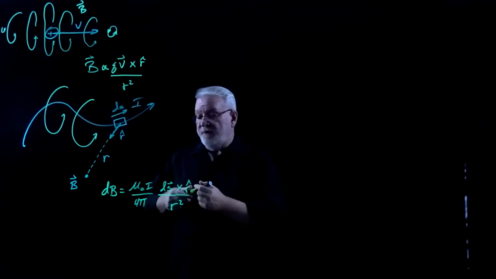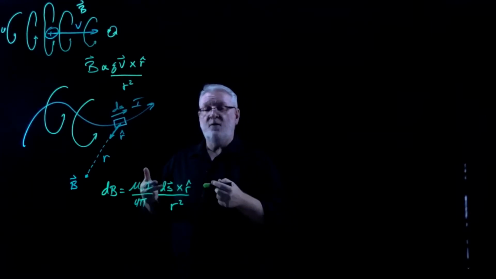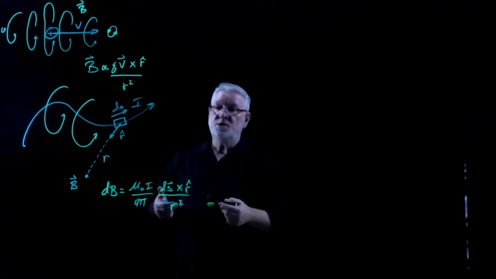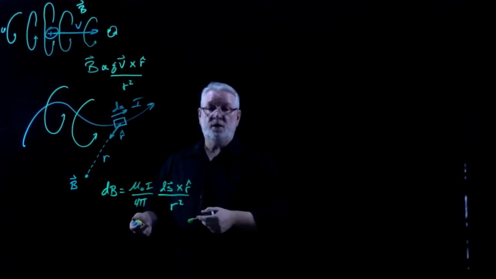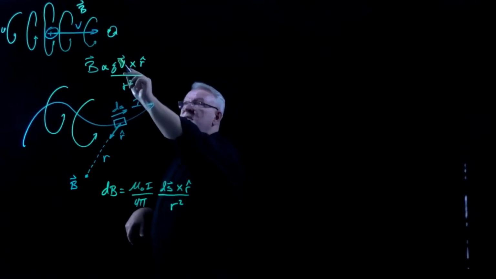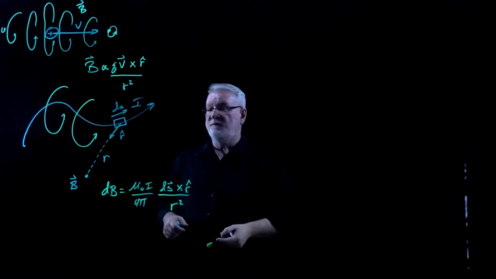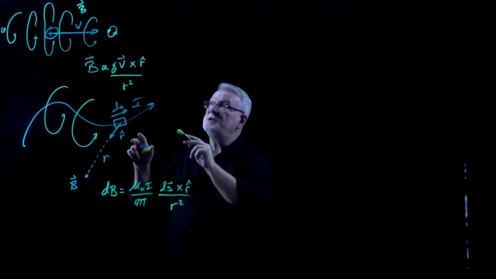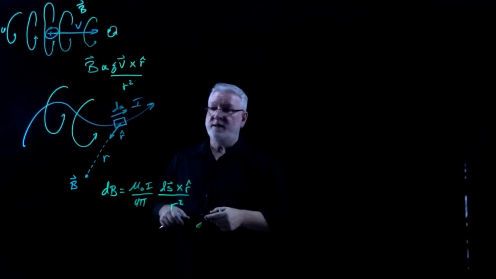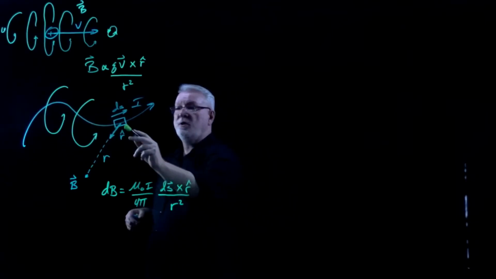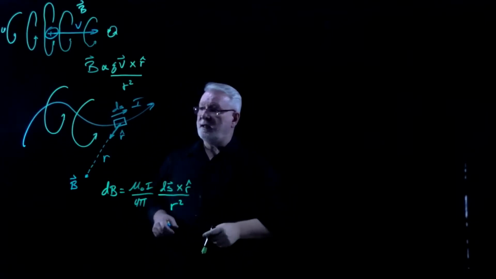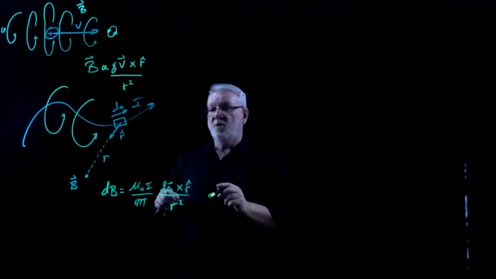Biot-Savart is how we calculate the amount of magnetic field at any location due to a flowing current. The theory is a moving charge generates a magnetic field, but of course it's hard for us to control a moving charge through space. Much easier to control the current in a wire. So this is the magnetic field generated by a current in a wire.